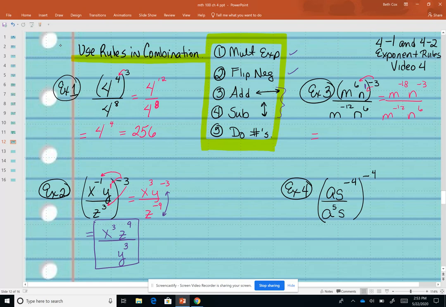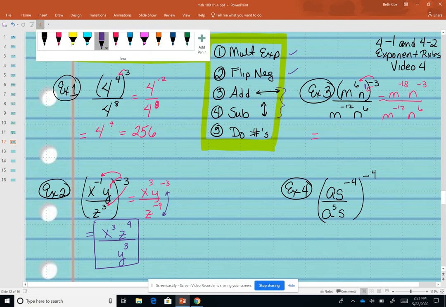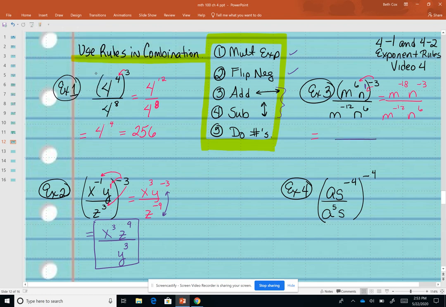Step 2, we're going to flip the negatives. And so we have 3 of them that are going to flip. Okay, so let's look at this. There's my fraction bar. Now this one is negative, so it's going to go down. So it's going to go to the bottom, become 18.